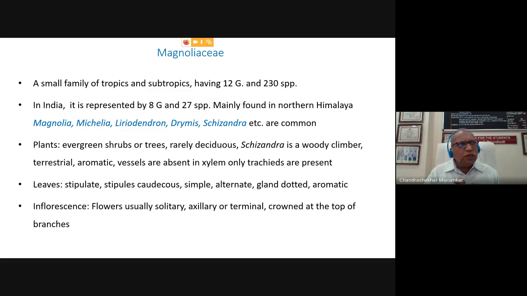So as far as the Magnoliaceae is concerned, even though it is a very small family, the family is very important from the evolutionary point of view, phylogenetic point of view.